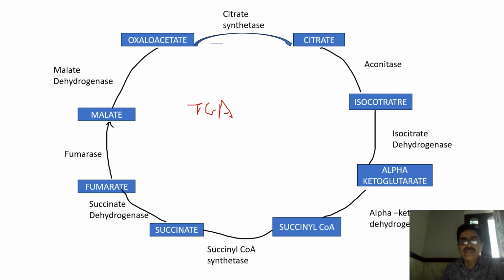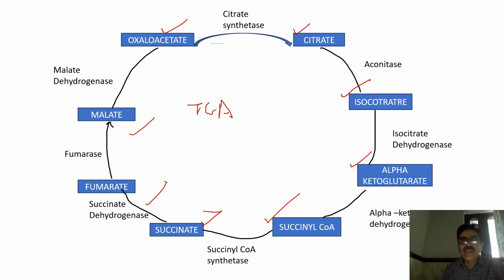Reactions take place in a cyclic manner. The reaction begins with oxaloacetate, giving rise to citrate. Next is isocitrate, followed by alpha ketoglutarate, succinyl coenzyme A, succinate, fumarate, and malate, and again oxaloacetate is regenerated, so it is a cyclic reaction.